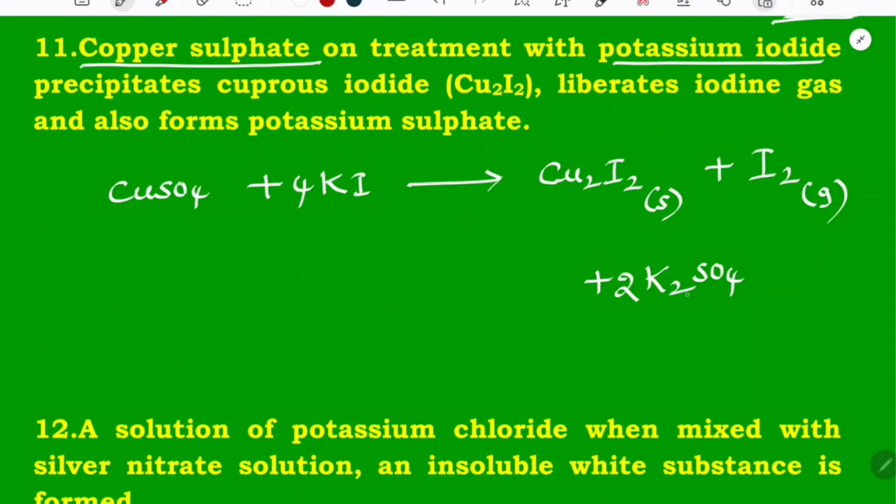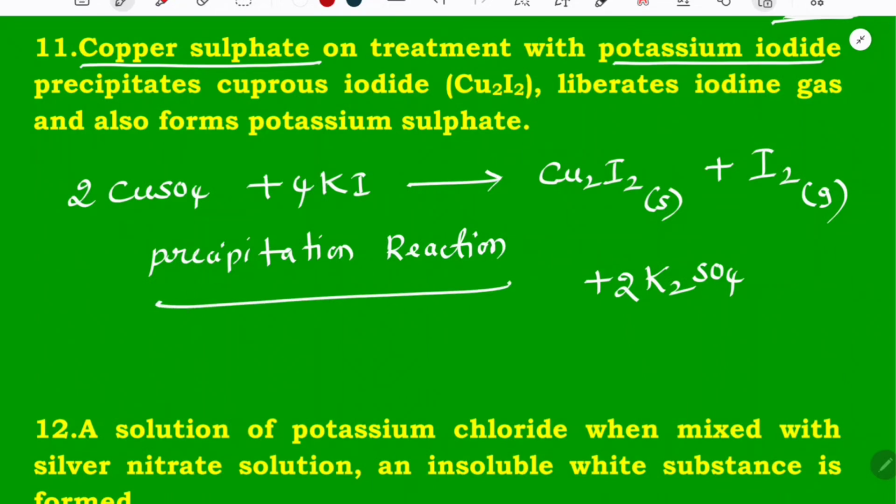Sulfates, here 2 sulfates, only 1 sulfate, so I'll keep 2 here. 2 copper, 2 copper. So the equation is balanced. So what type of reaction is this? Precipitation reaction.